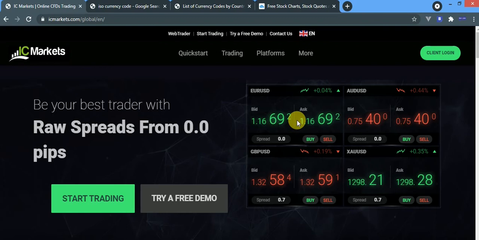For example, see this one, you can buy at this rate, and you can sell at this rate. You see the spread difference here, 0.7. The same thing here. You see that this varies. You can buy at 584, and you can sell at 591.